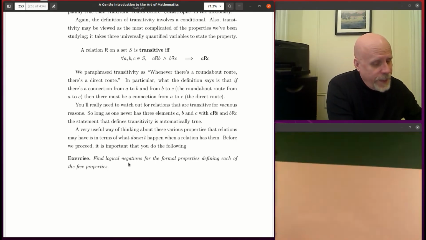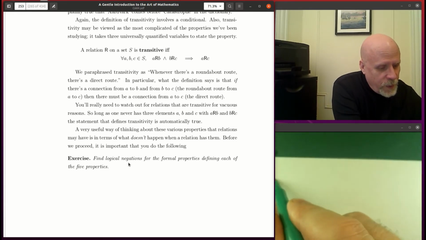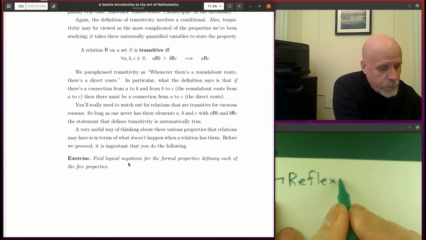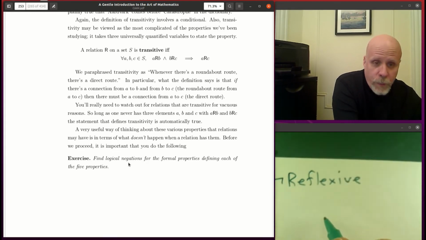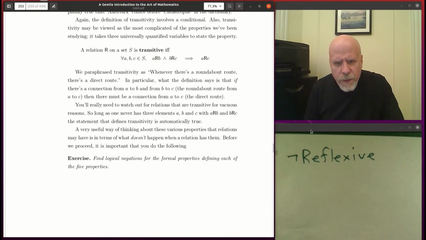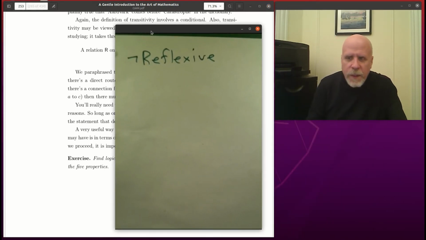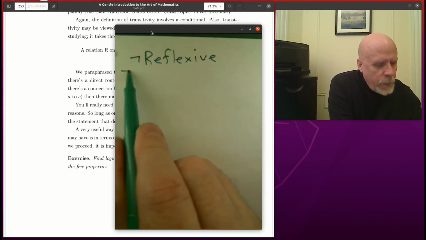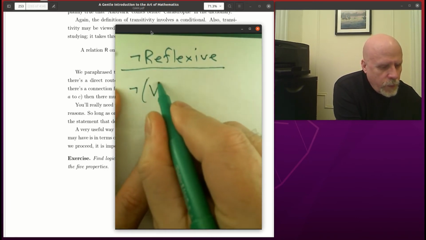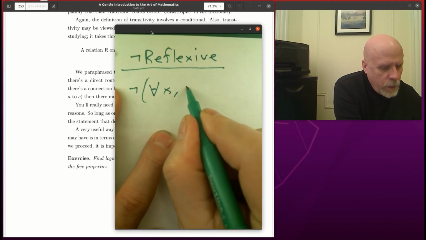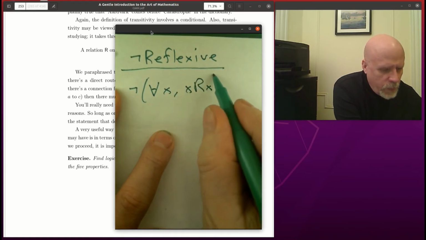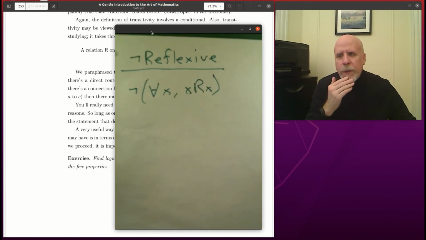But anyway, like when we were talking about the reflexive property, I want to figure out what it means to not be reflexive. Might as well point out that's not the same as irreflexive. Let's pull this out because we're going to need to see a little better. Well, it's the negation of for all x, xRx. I think I was using A's before, but I hope the change of letter isn't going to bother you.